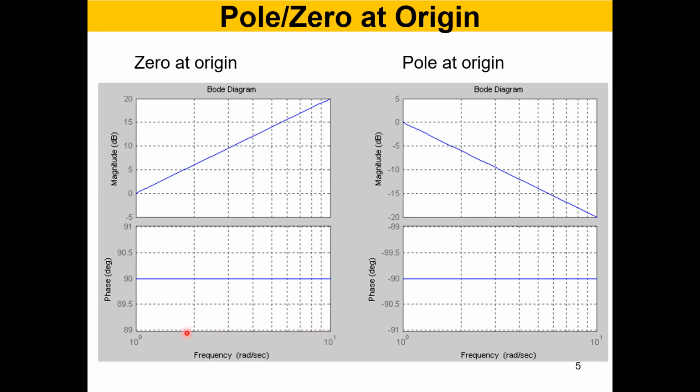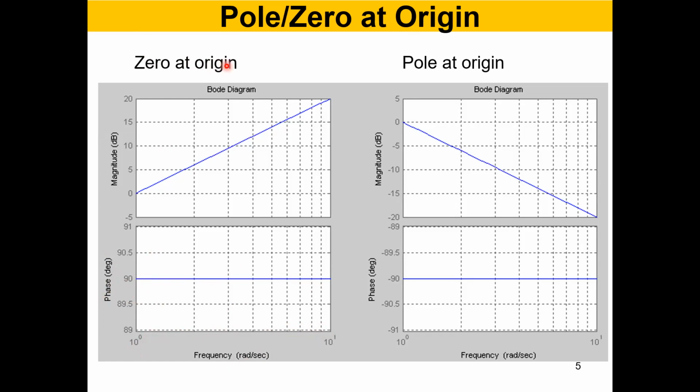This calibration is non-linear. This is logarithmic calibration. You have the bandwidth of 1 to 10 radians per second. For all these frequencies, the phase is 90 degrees.